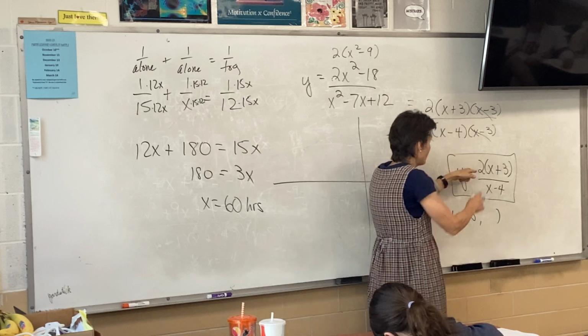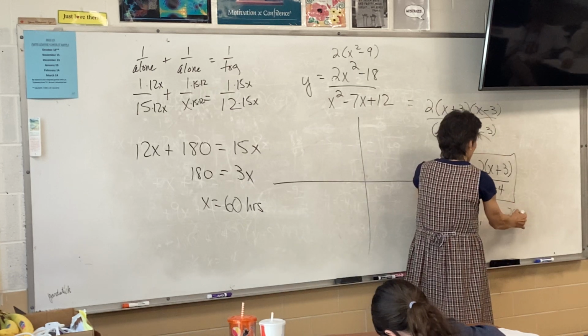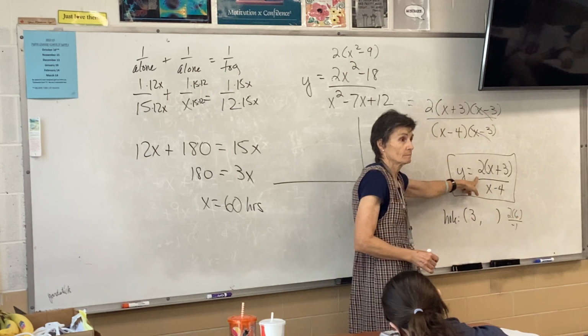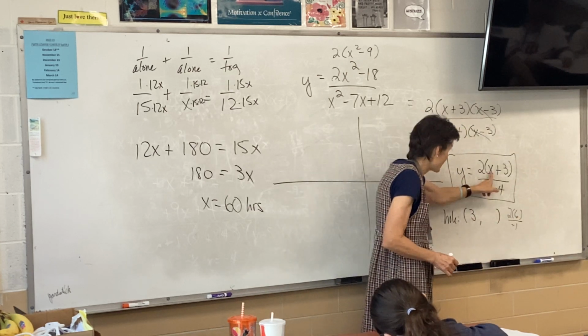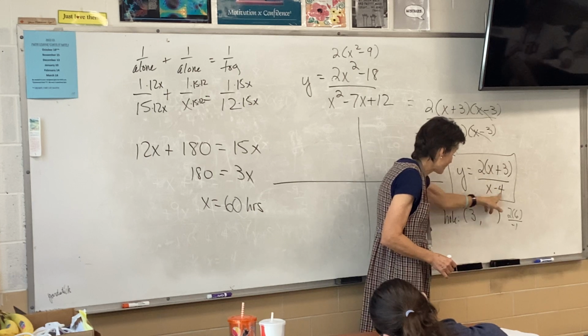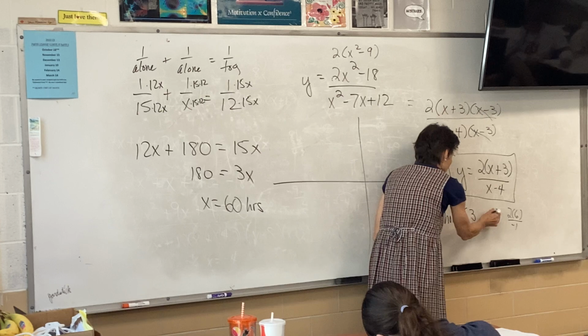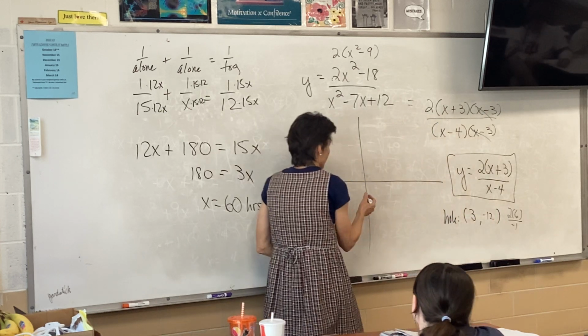So, if I put in a 3, I'm gonna have 2 times 6 over negative 1. Putting in a 3, 3 plus 3 is 6, 3 minus 4 is negative 1. So what is that? Negative 12? Okay.